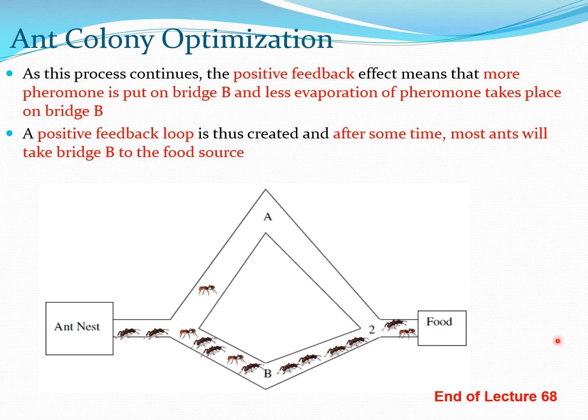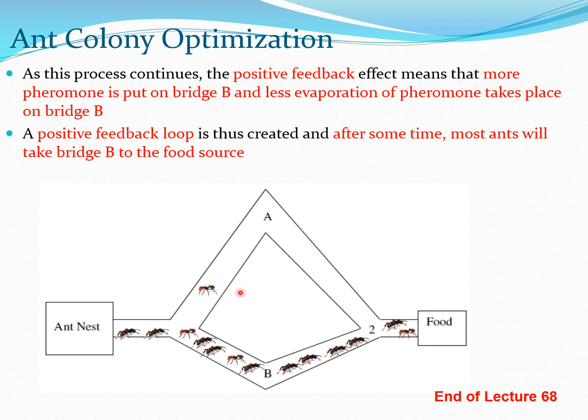After some time, there is a positive feedback which develops, and more pheromone is put on bridge B, and less vanishing of the pheromone takes place on this bridge B. So essentially there is a positive feedback loop which is created, and after some time most of the ants are going to take bridge B to the food source.